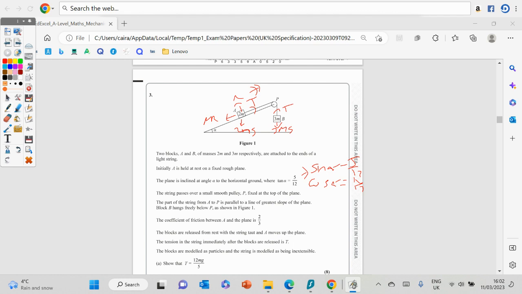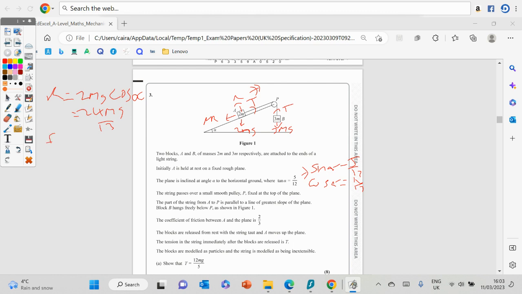So let's split this into component parts, which is 2mg, and because it's the adjacent to the angle, it'll be cosine alpha. It's up to you if you want to rewrite it as 24mg/13. To be fair, I don't think it really matters at this stage. It's a little bit early on.